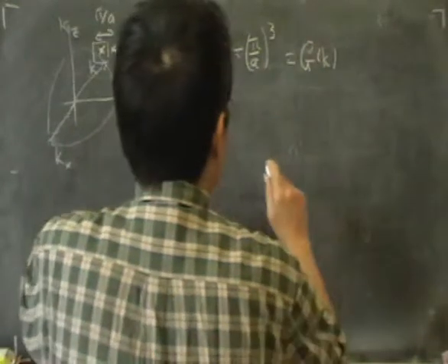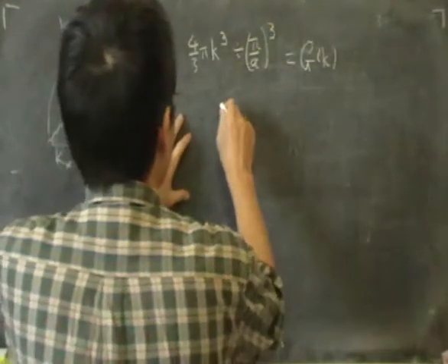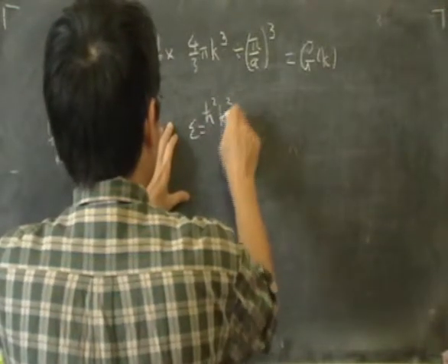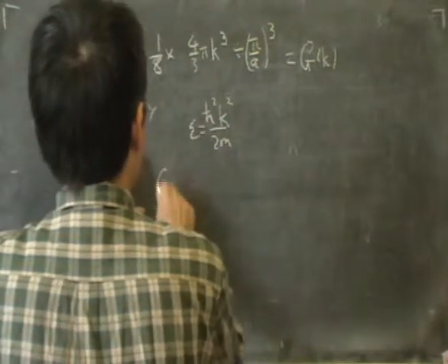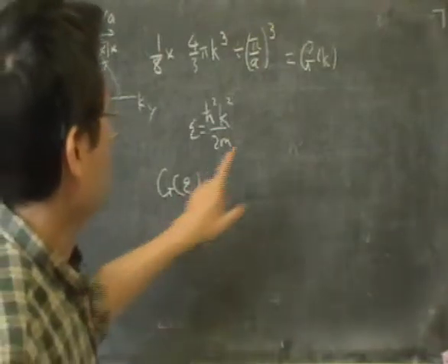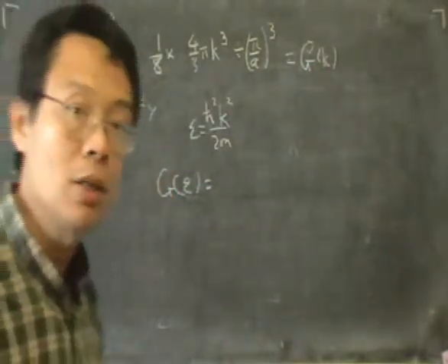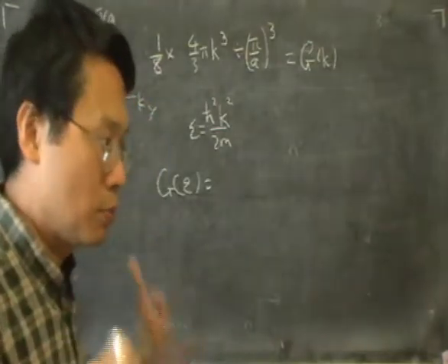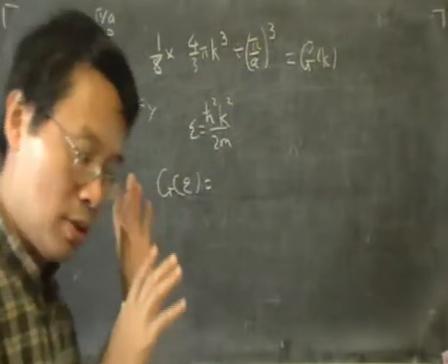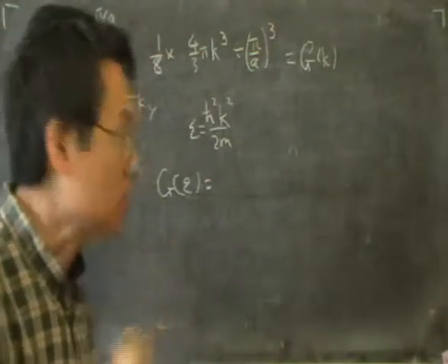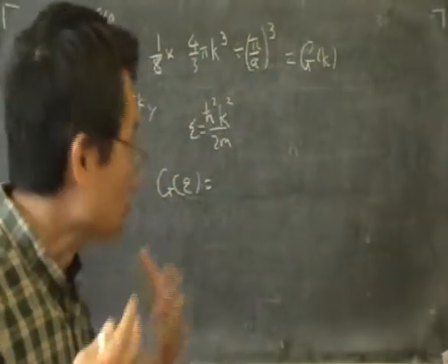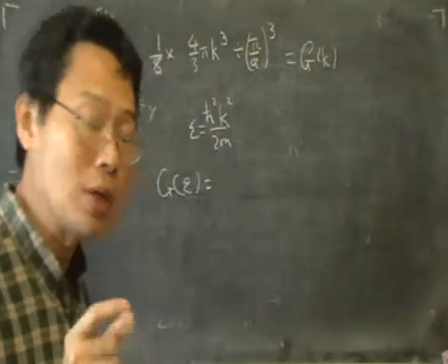Now, with this expression, we can express it in terms of energy using the relation E equals h bar squared k squared over 2m. This gives G of E. Now this time, to convert the total number of states, we no longer need the more complicated relation that we had for transforming the density of states from k to epsilon, since it is no longer about a number of states per interval of energy or k.